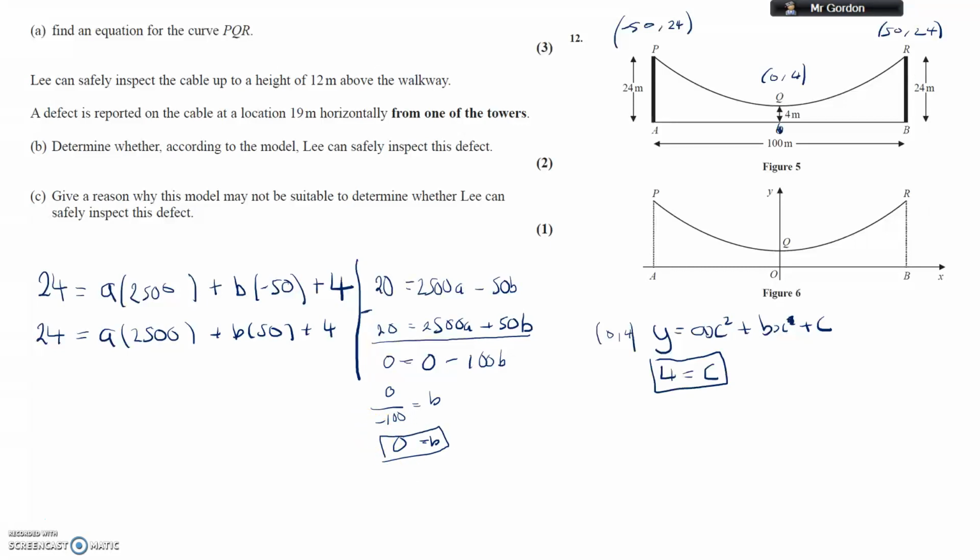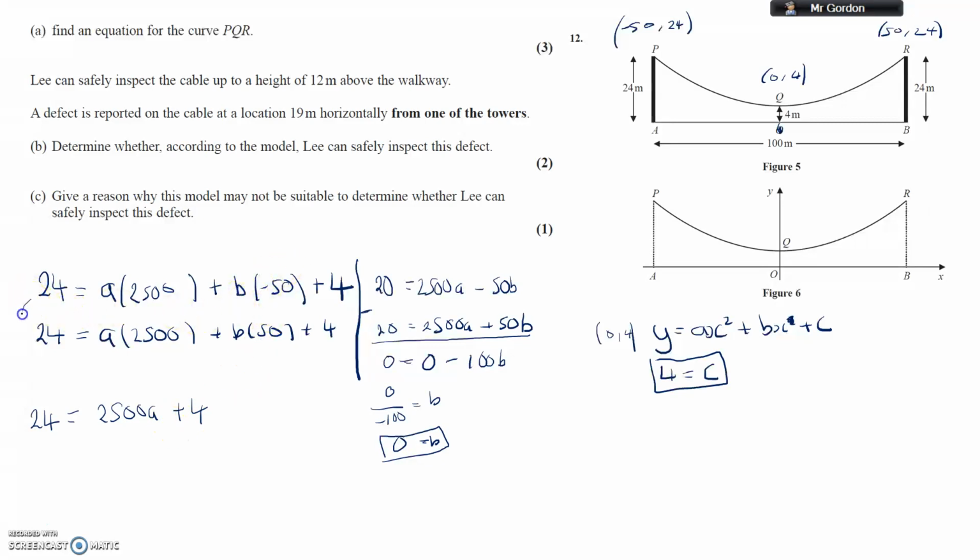Now there are loads of ways that you can get a. You can just substitute b back in and work it out. So I'll take one of these equations up here: 24 equals 2,500a plus b, which is 0, plus 4. Since b is 0, that cancels that term out.